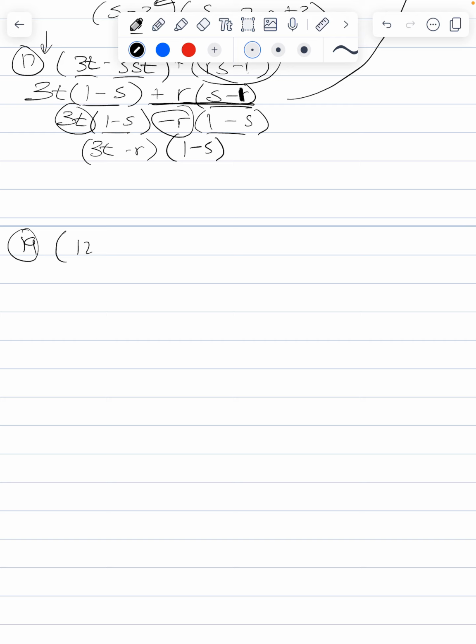We start with 12x squared minus 8xy minus 5 times the quantity 3xz minus 2yz. Okay, we're going to factor each of these big terms by itself.